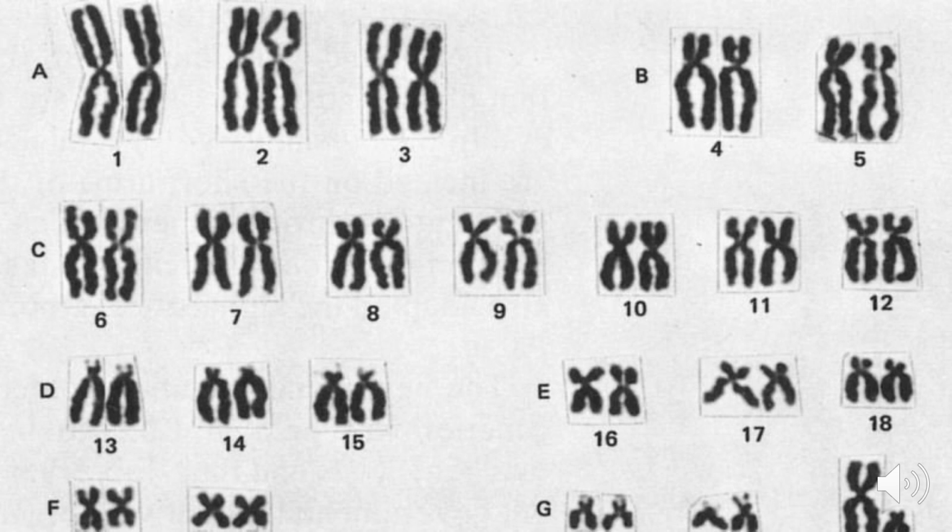Count the number of centromeres. You have a total of 46. So that will give you a total number of 46 chromosomes. Count the number of arms. For each centromere, you have 2 arms. So that will give you a total of 92 chromatids.